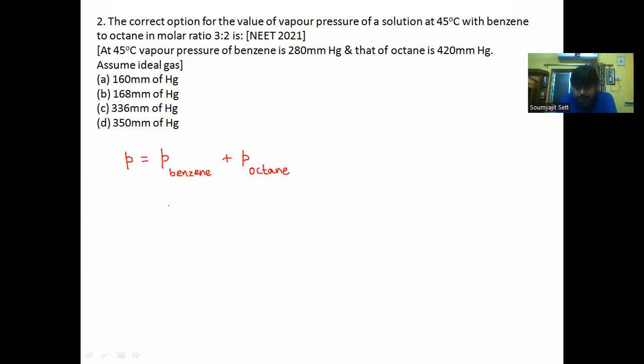Now, what do we know? We know vapor pressure P is equal to vapor pressure of benzene plus vapor pressure of octane, because the solution is benzene to octane. Now, vapor pressure of benzene, that is nothing but pure vapor pressure of benzene at 45 degrees centigrade into its mole fraction.